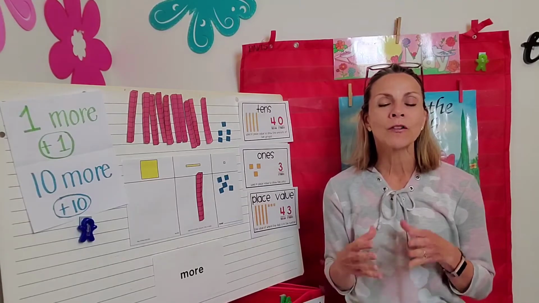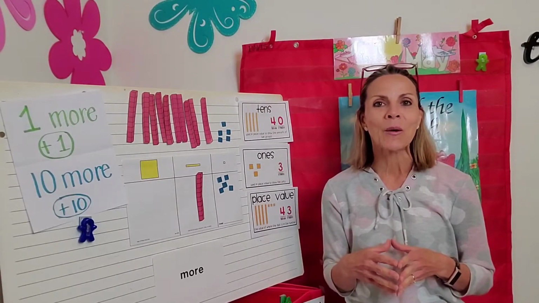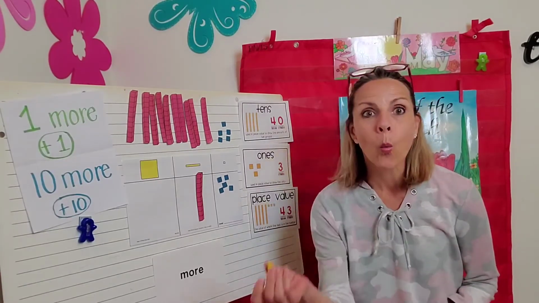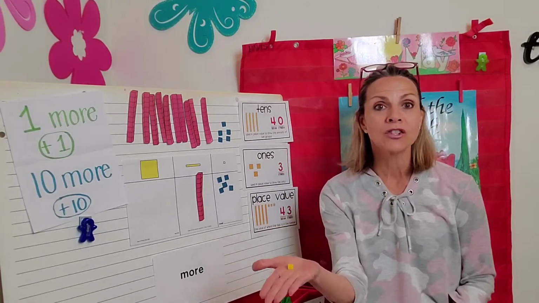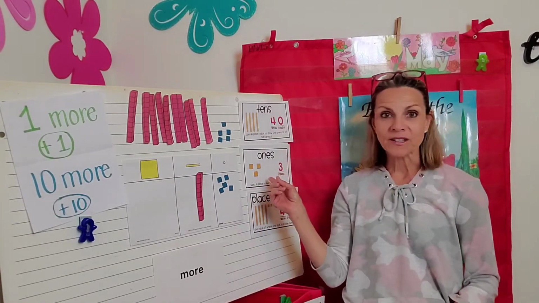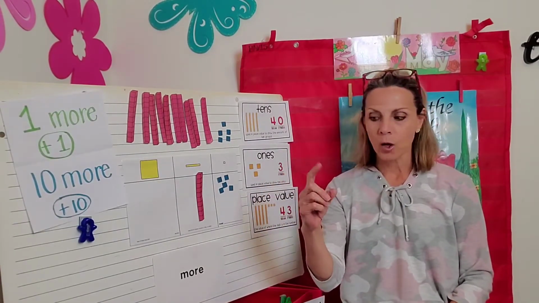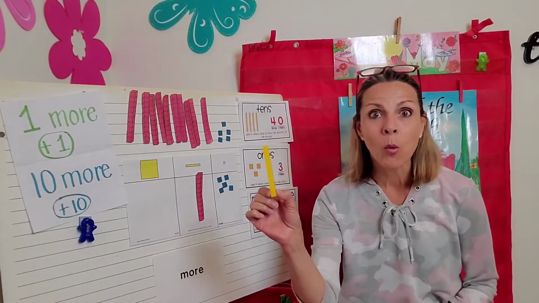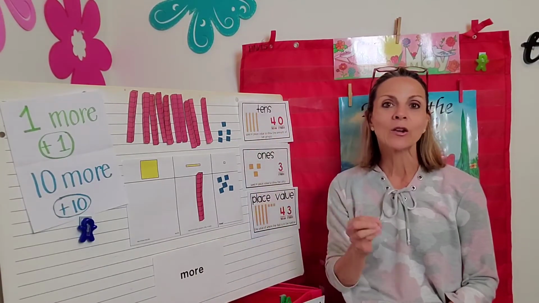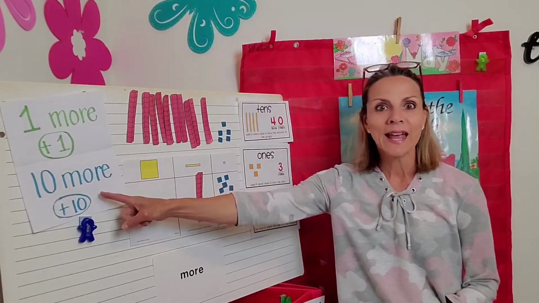So we were focusing in our last video about how we can add 1 more to a value and increase the ones position by 1, or we can add 10 more to the tens position in a number and increase that number by 10 more.